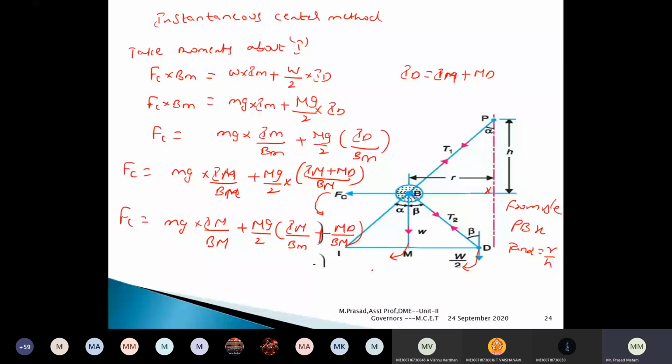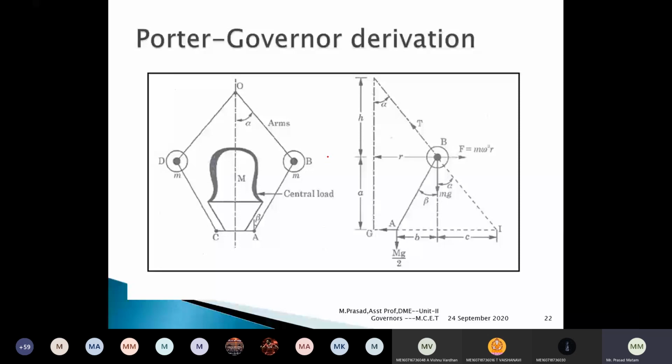When the balls are moving away, the sleeve tries to move upwards. When the speed is high, centrifugal force is also high, balls will move away, and the sleeve moves upwards.